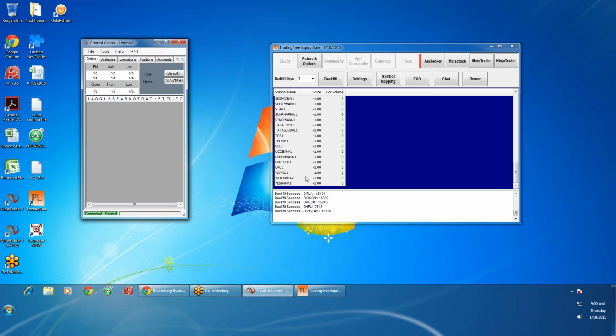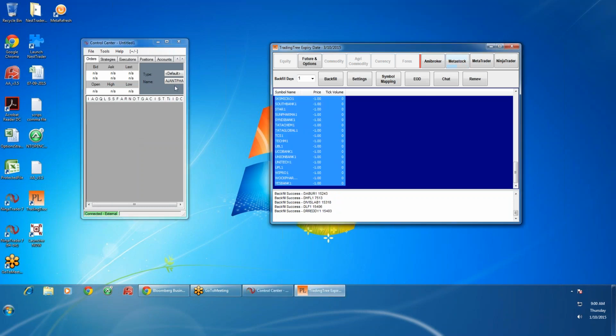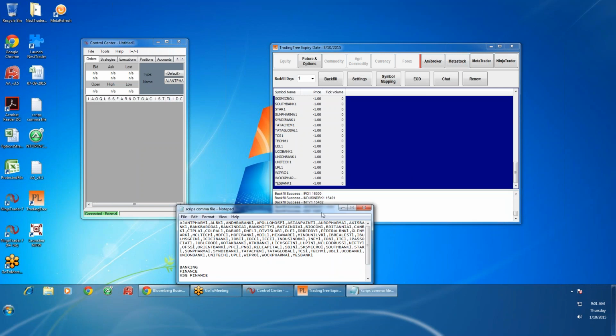Now both the data source and NinjaTrader are connected. I've taken a backfill for 60 days for all the scripts. That means I'll be getting the backfill data for all the scripts for the past 60 trading days. Once this backfill happens, I'll have to take the historical data.